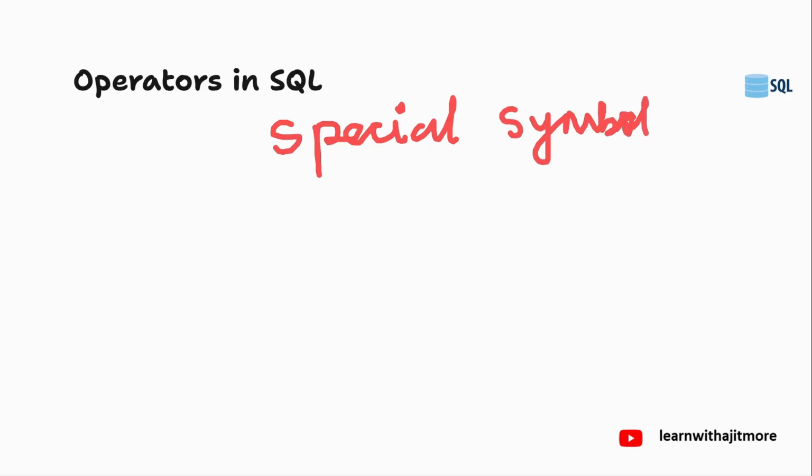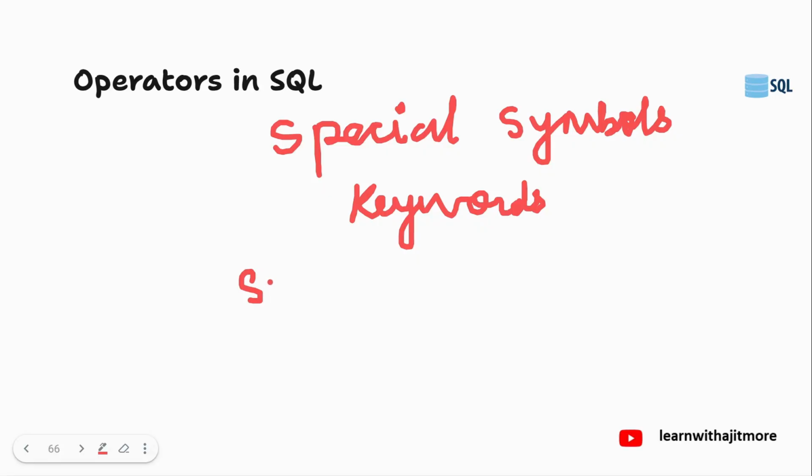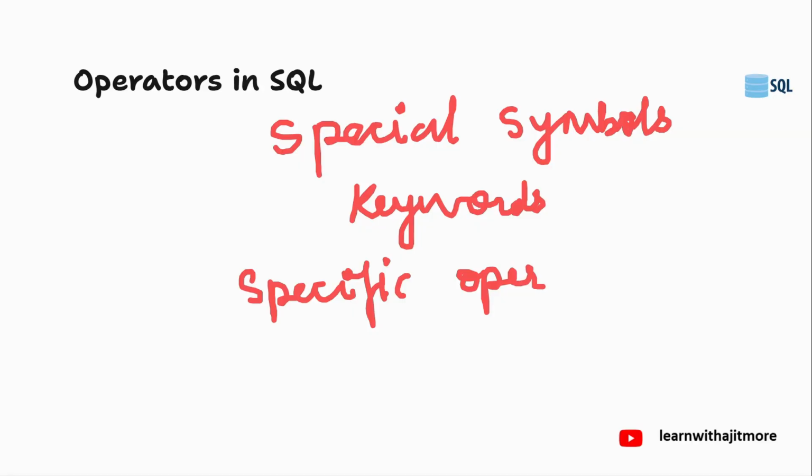There are some special symbols, or in some cases some operators are keywords as well, like IN, NOT, and OR. They are operators, but they are keywords also. So operators are special symbols or keywords which perform some specific operation on operands.